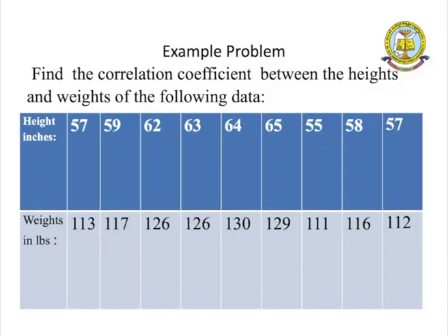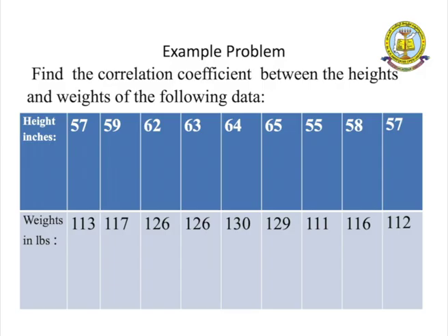Sometimes we have to take deviations, so we will discuss one example problem related to the deviation concept. Sometimes our observations are very large, and then we apply the deviation method. Find the correlation coefficient between the heights and weights of the following data: heights in inches and weights in lbs.